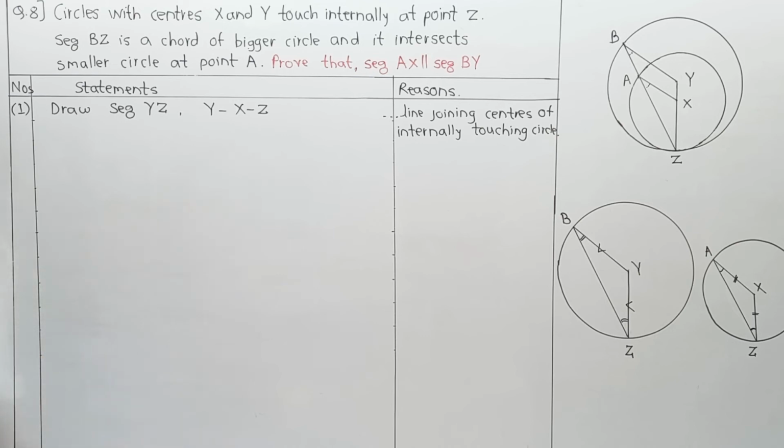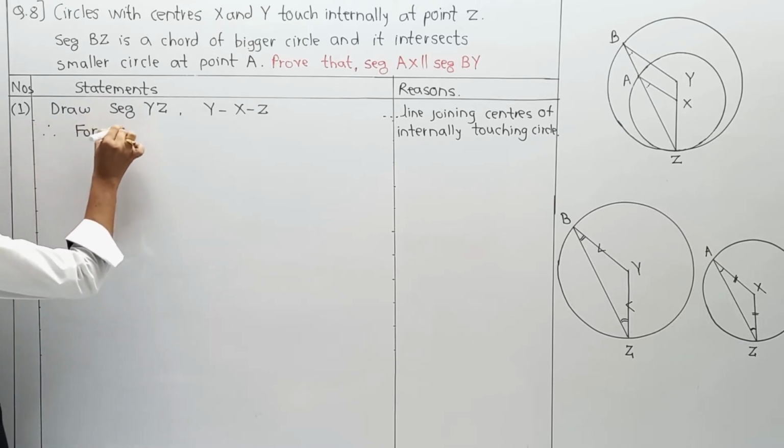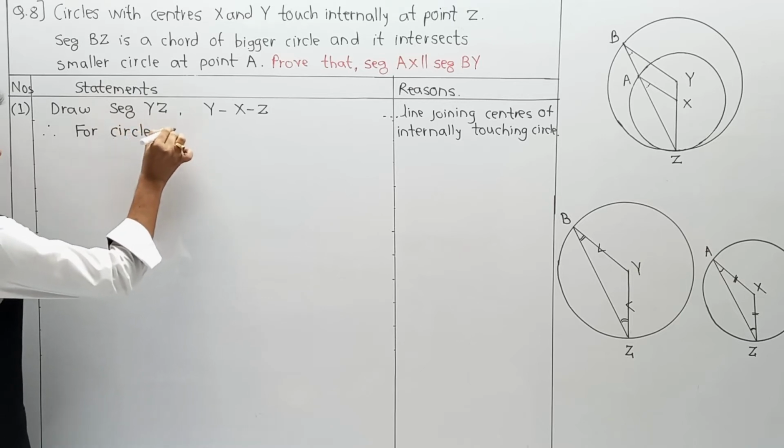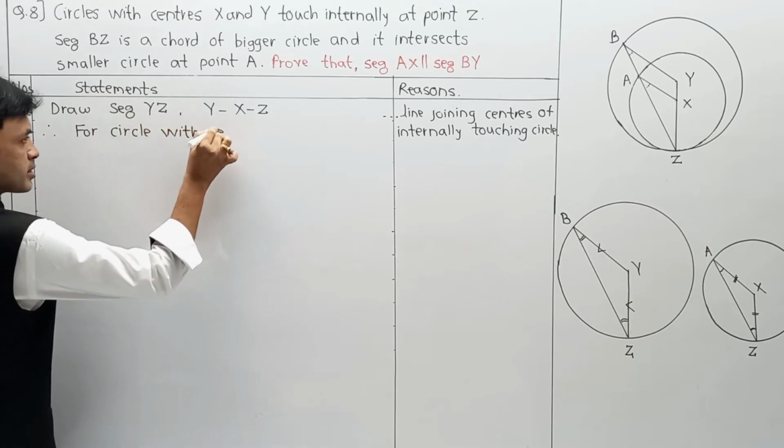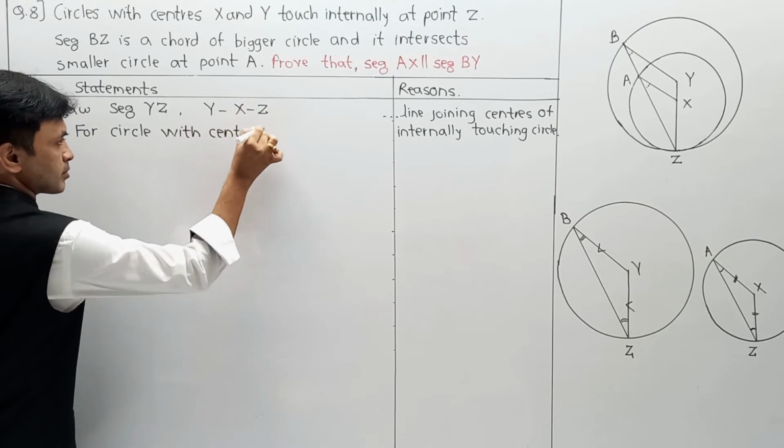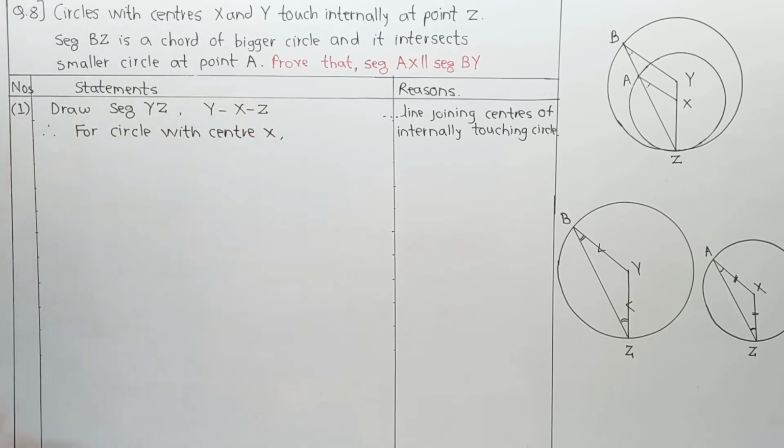Now one by one we are taking a part over here from the first circle, means circle with center X. So here therefore for circle with center X, this is nothing but the declaration about a diagram so that anyone can understand properly. Here radius XA is equal to radius XZ.